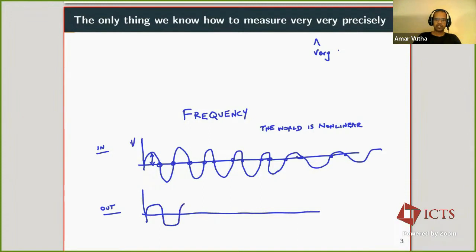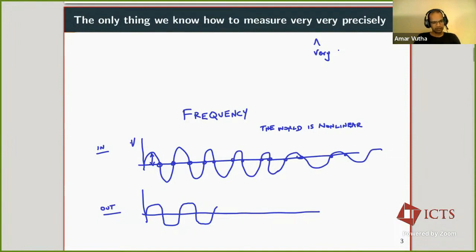Your sine waves will start to get a little bit rounded out. And that tends to play havoc with measurements of amplitudes. Even in a linear world, measuring amplitudes is hard because you have to calibrate your gains. But if there's any nonlinearity at all, then measuring amplitudes is a problematic thing to do.